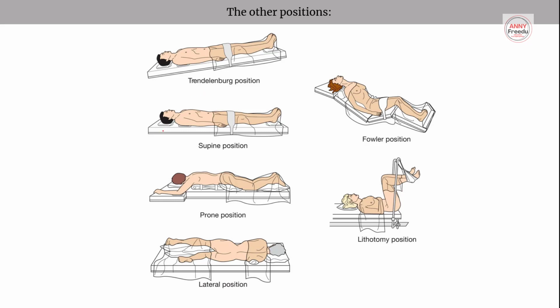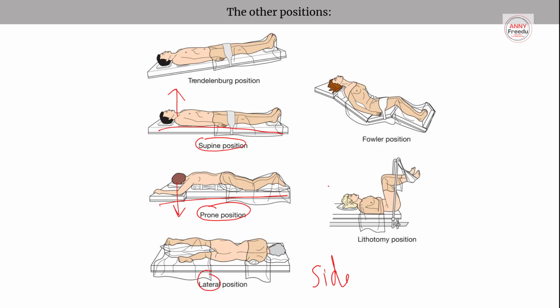If a patient is horizontal and facing upwards, we call that supine position. If a patient is lying horizontal and facing downwards, we call that prone position. The word lateral literally means the side. So we have two sides, right and left.